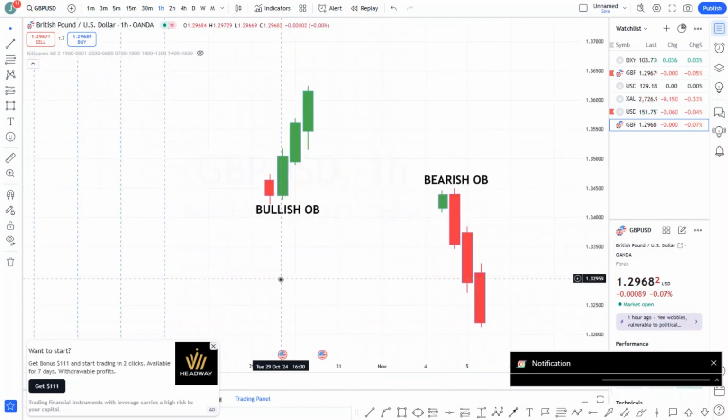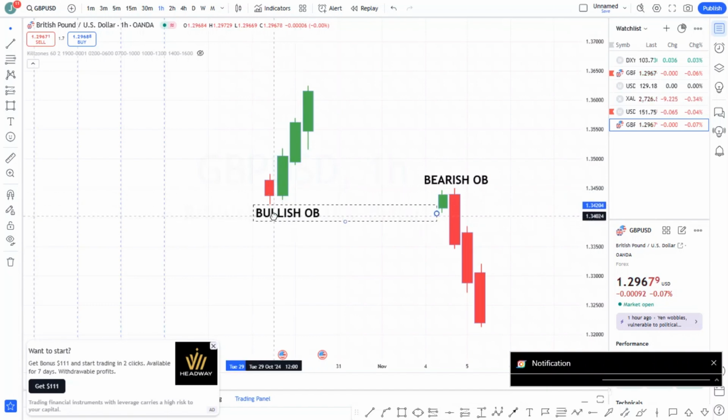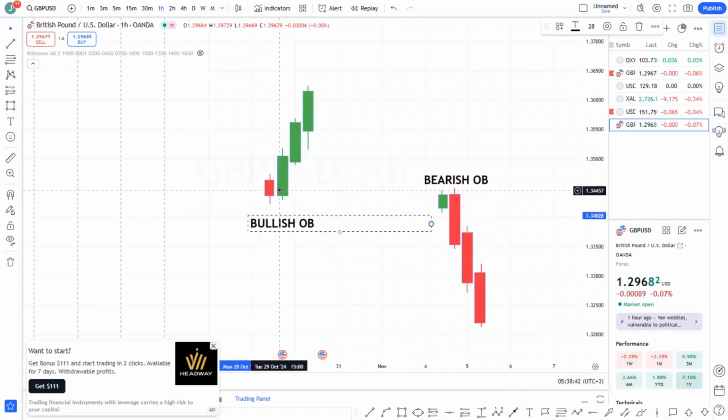Okay. In this case, when you see such a thing, we have a red candle forming, then after that we have massive green candles, or whatever color you want. So let us say that we have a bearish candle forming here, and then you see massive bullish candles forming. This last red candle will be our bullish order block.